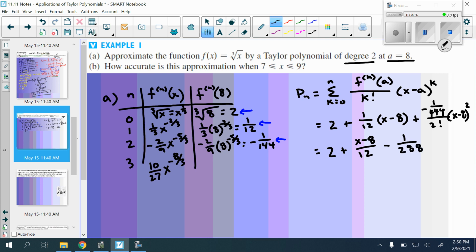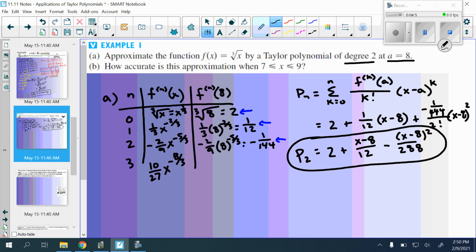And then I'm going to put that x minus 8 squared in the numerator. So this would be our second degree Taylor polynomial for cubed root of x. Okay, that approximates that out to degree 2. All right, so that's part A. That would be our answer there.